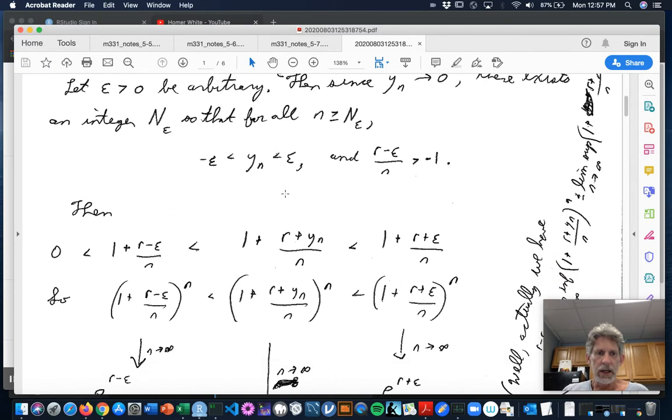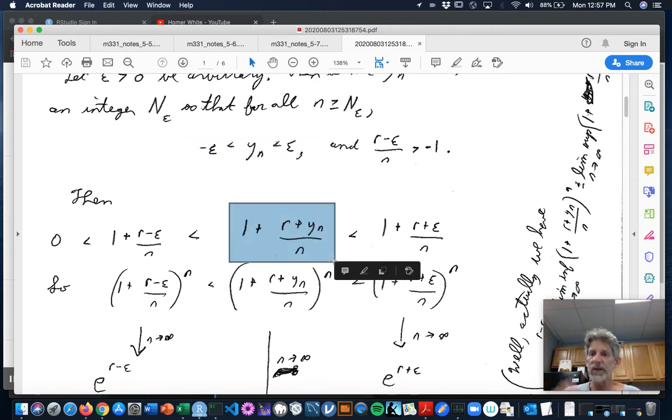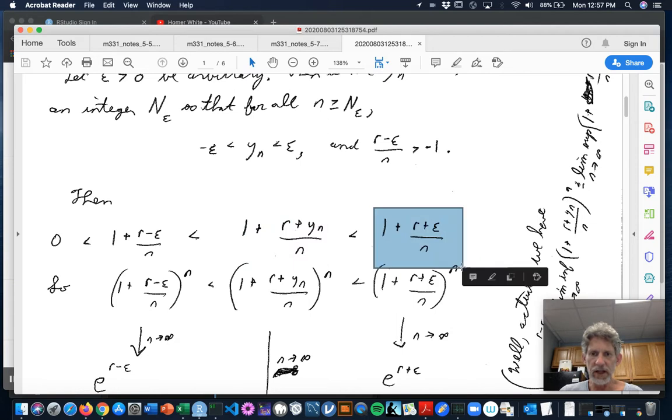Okay. So given that n sub epsilon, and assuming that our little n is at least that n sub epsilon, let's see what happens. Because of this bit, the expression inside the parentheses, whose limit we want, has to be less than this.